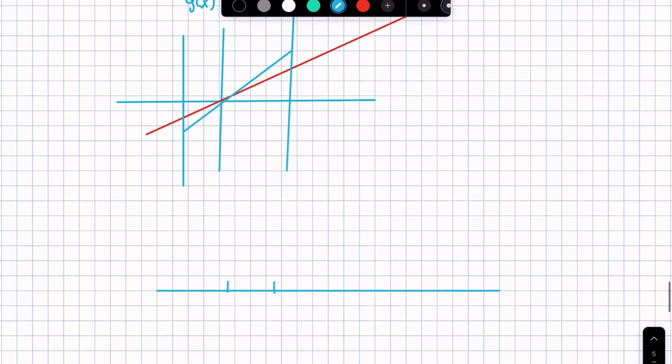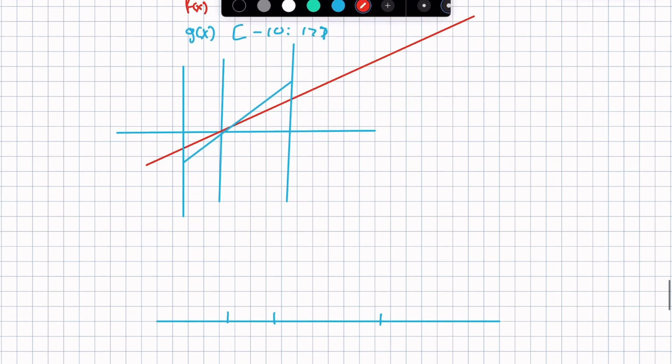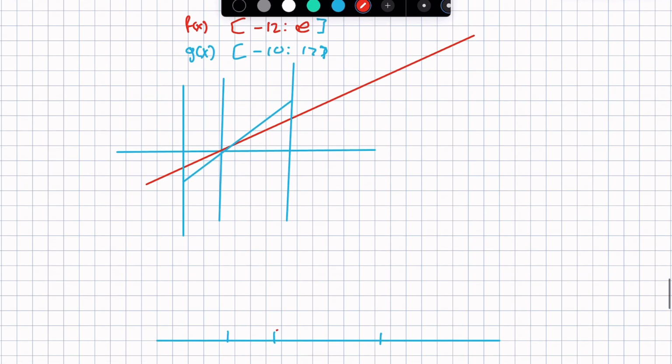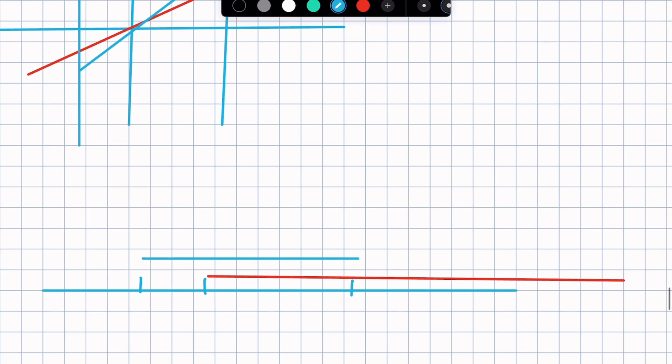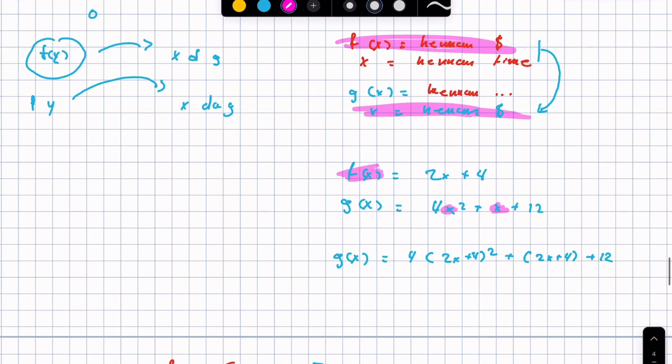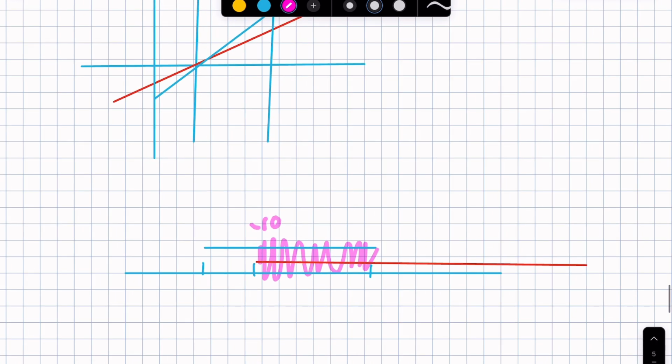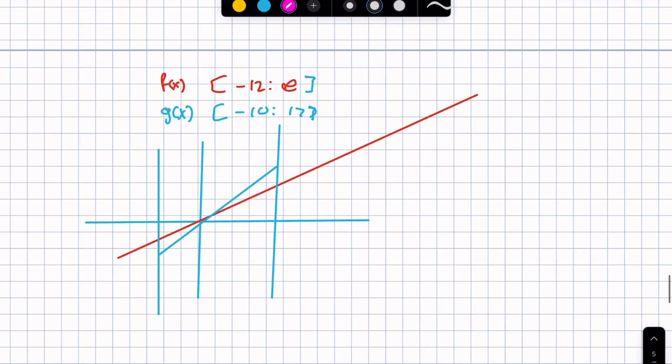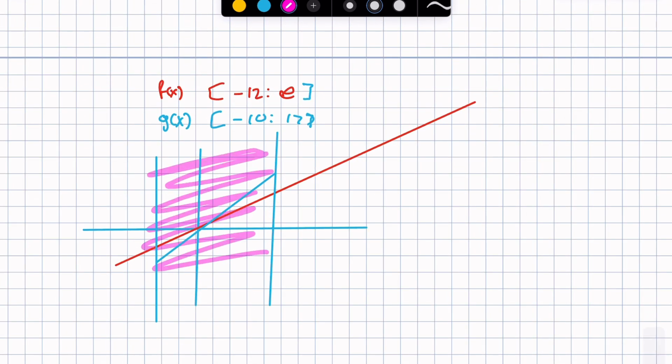So we make a line. So 12 is here, infinite here. And you make a line to 10 to 17, okay? So the only thing you can have between these numbers is all this. So it's minus 10 to 17, which is here. Okay? So yeah, that's what you gotta do.